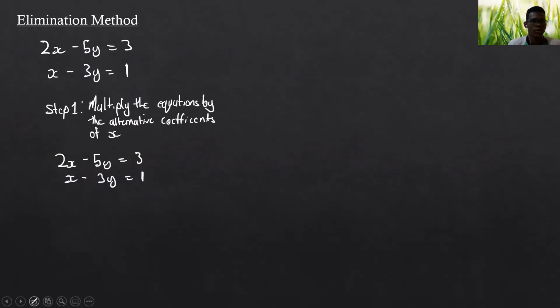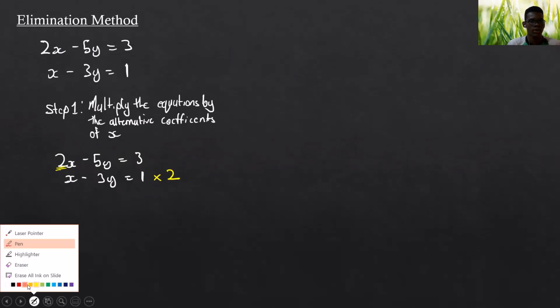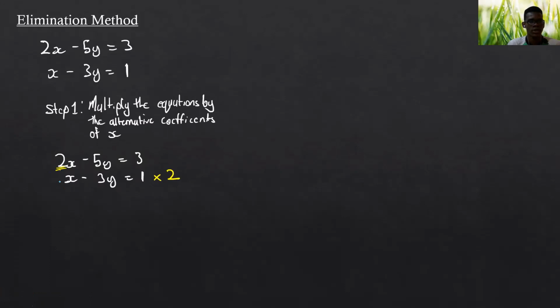So you're going to take the coefficient of x in the first equation and multiply it by the entire second equation, and then take the coefficient of x in the second equation, which is 1, and multiply it by the entirety of the first equation. So let's do that. The first equation is being multiplied by 1, so let's multiply every term within this equation by 1. So 2x multiplied by 1 is 2x, minus 5y.